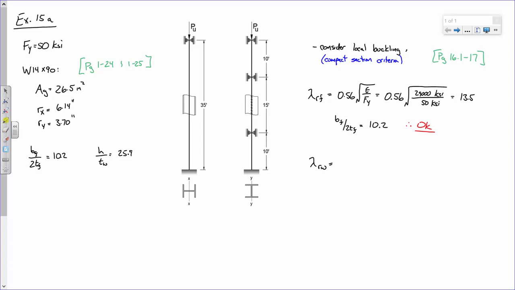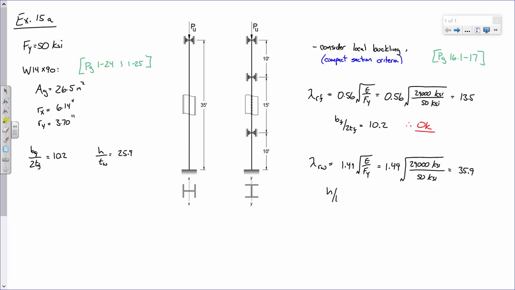So 1.49 square root of E over Fy. 1.49 square root of 29,000 over 50. And that equals what? 35, we'll say 35.9.